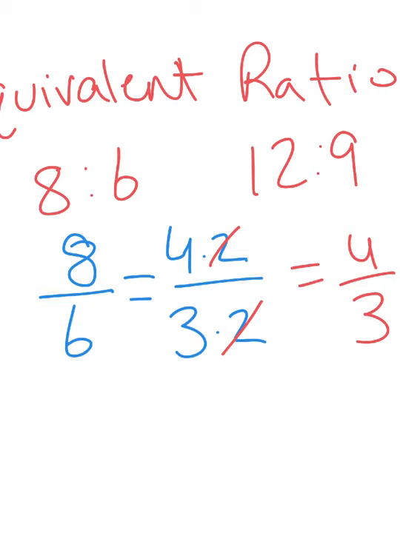We can do 12 over 9 the same way. I know both of these can be divided by 3. 12 divided by 3 is 4. 9 divided by 3 is 3. You can see that when we simplified these, they are equal to each other.